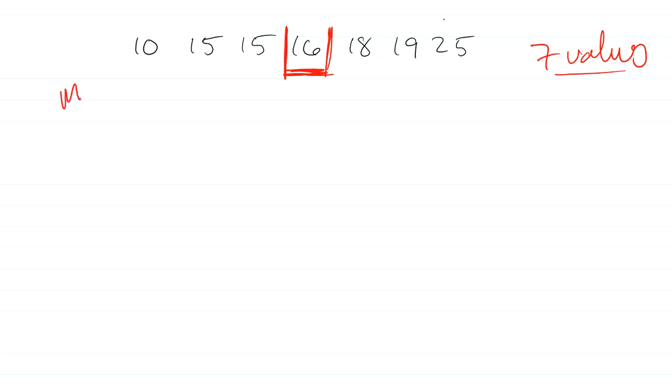That's probably one of the simplest ones. The minimum is the smallest value, and the max is the largest value in your data set. And this value right here is the median, and it's also Q2.